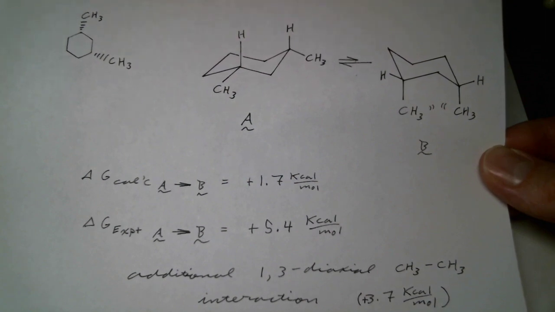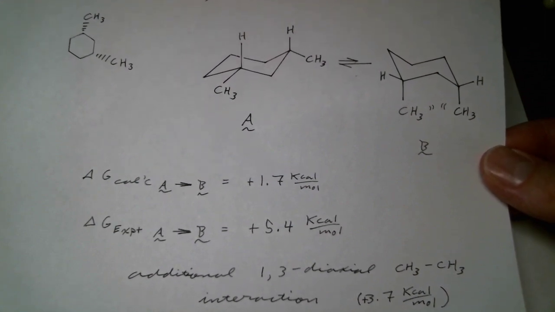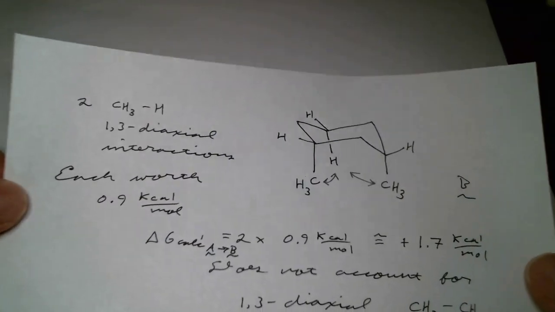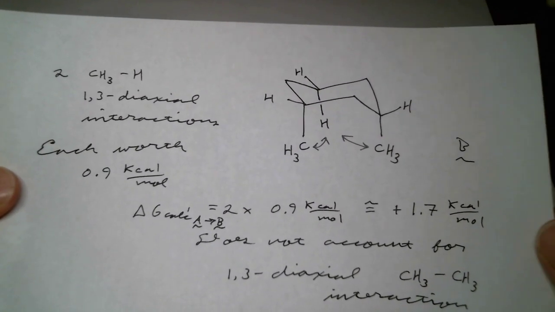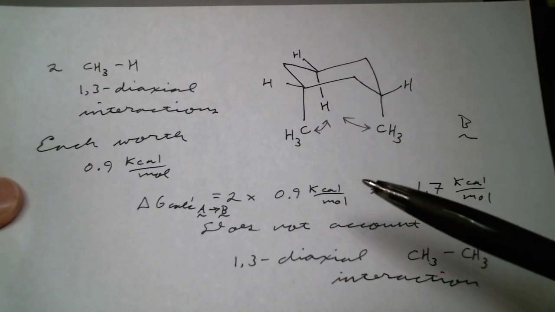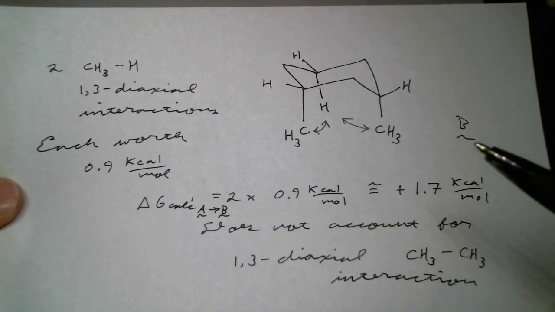So let me try to break this down before the end of this video, just to stay consistent in one video. Where does Dr. Vollhardt come up with a calculation of only plus 1.7 for that conformational flip from conformation A to conformation B?